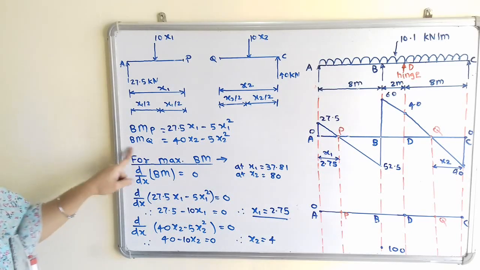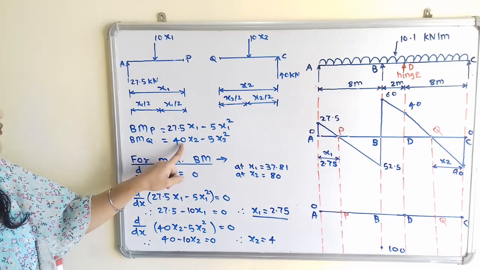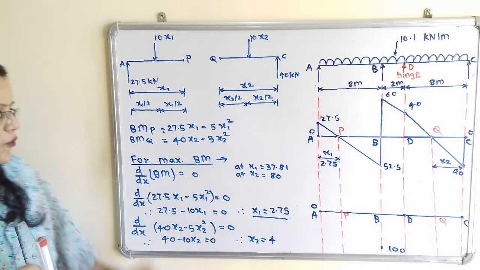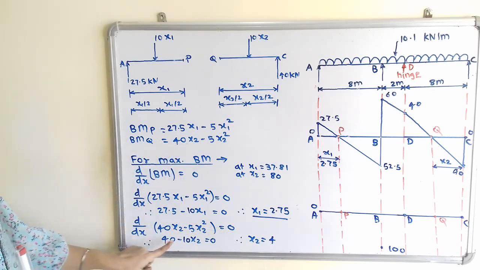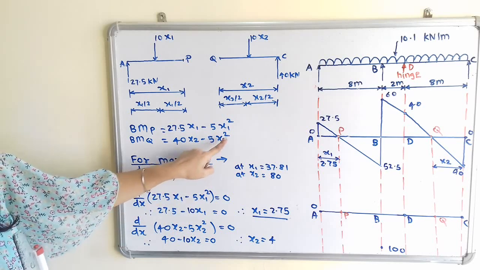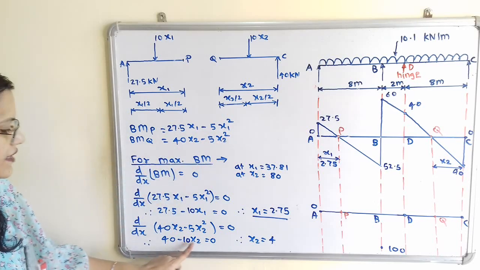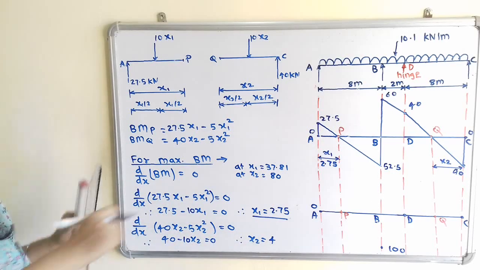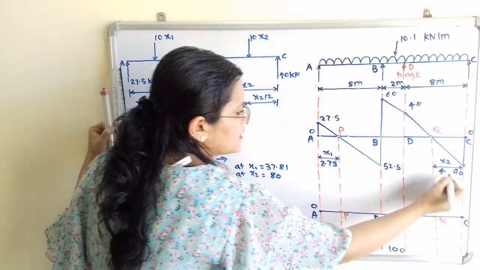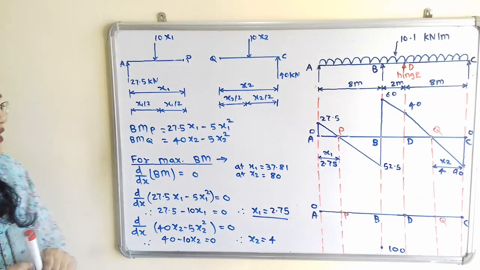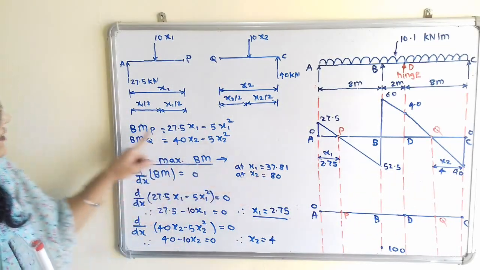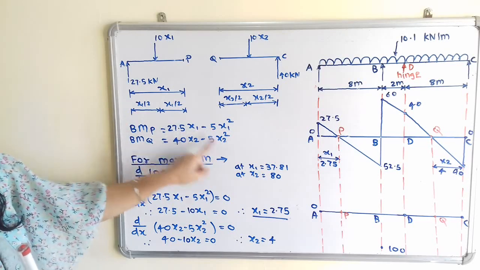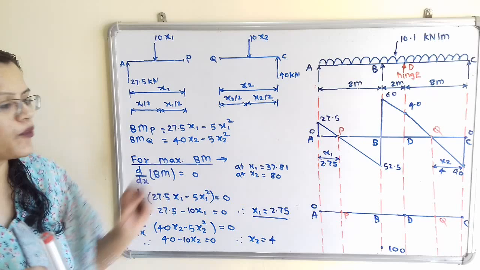Now in the same way we will differentiate bending moment of Q with respect to x and equate it to 0. So it is 40 minus 2x2 into 5, that is 10x2 is equal to 0, and therefore x2 is equal to 4 meter. Now when we put the value of x1 in the formula for bending moment at point P, then we will get this value 37.81.